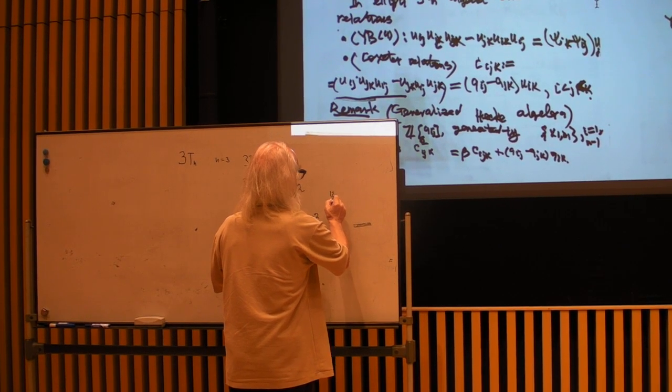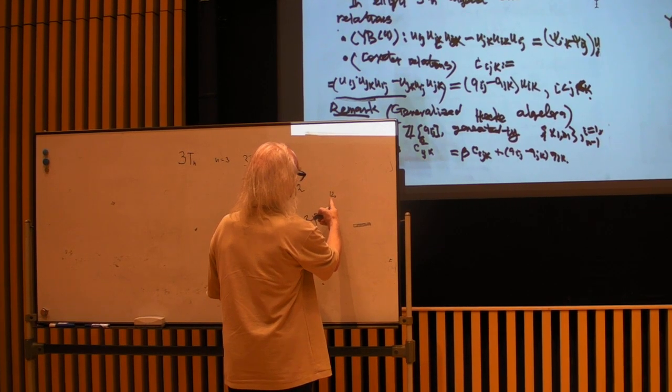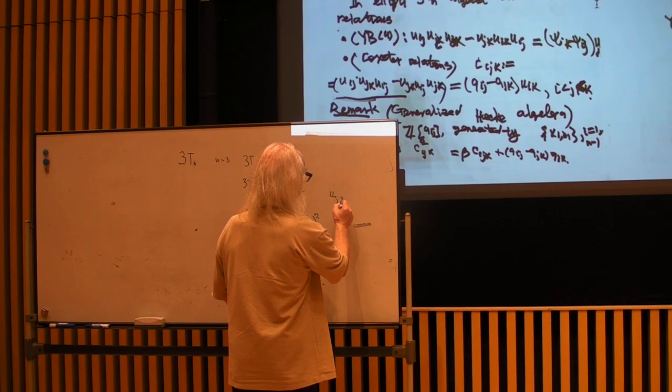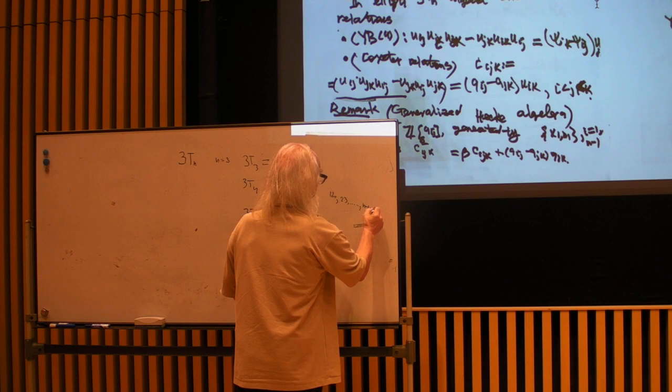1, 2 means U12, to simplify notation. It generates 1,2, 2,3, and so on, up to n minus 1, n.